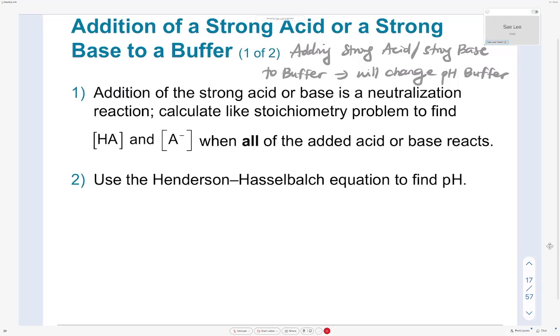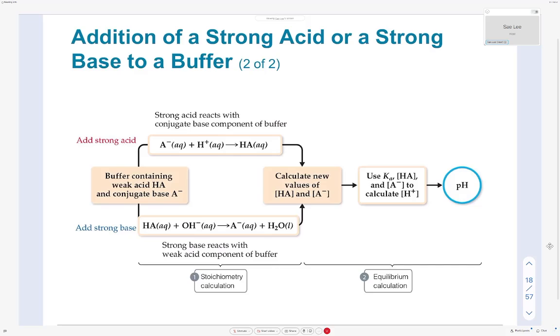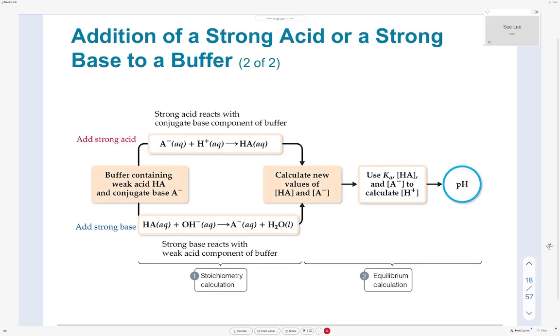Let's take a look at this diagram. It will make more sense. Let's say you have a buffer solution containing weak acid HA and conjugate base A minus. This buffer system has equal amounts of acid and conjugate base. So let's say you're adding strong acid to this buffer solution.